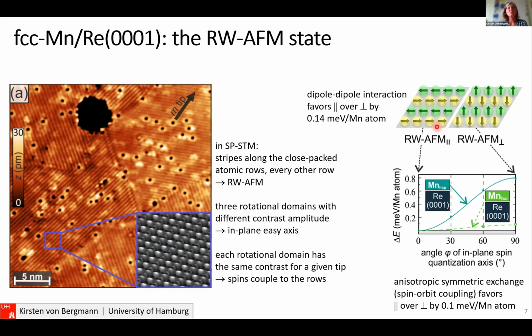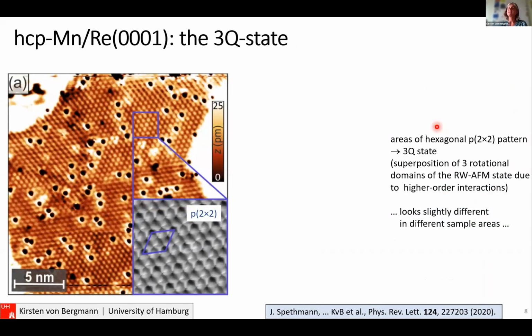Now, of course, we also want to look at the other stacking of this perfect hexagonal manganese monolayer, and we find something very different. We don't see the stripes as before, but we see this hexagonal dot structure. If we analyze it, we find that it is a p(2x2) structure.